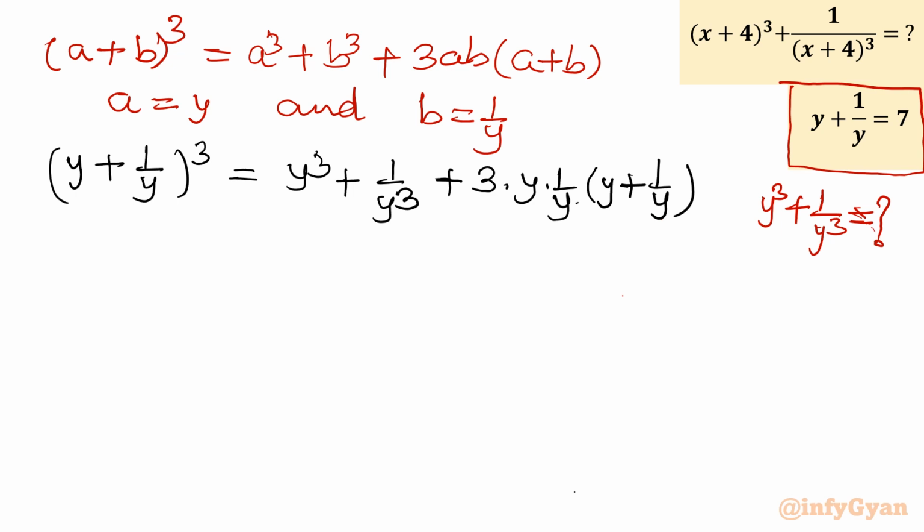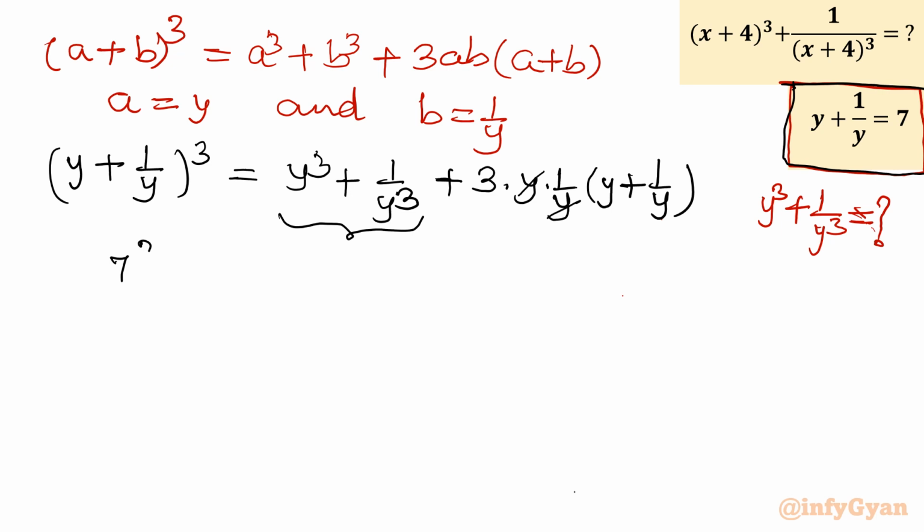Now I can cancel these two terms. This term we have to find out actually. And the rest is, we know y plus 1 over y is 7. So let's put the value.